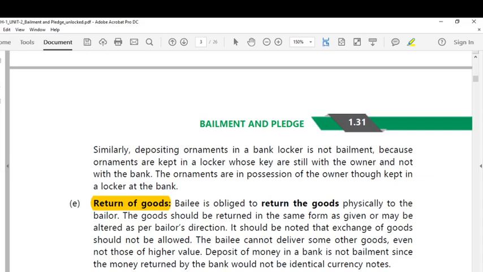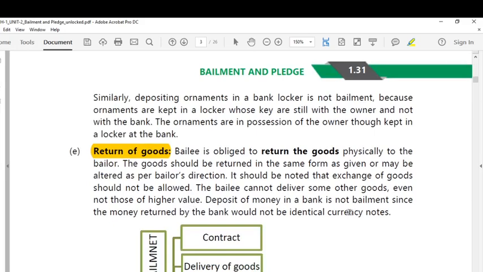It should be noted that exchange of goods should not be allowed. Exchange of goods should not be allowed. The bailee cannot deliver some other goods, even if they are of higher value.